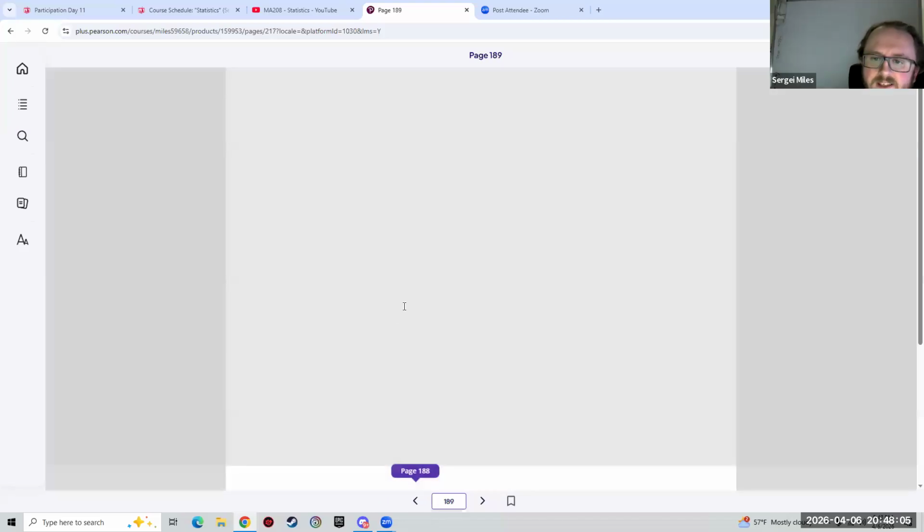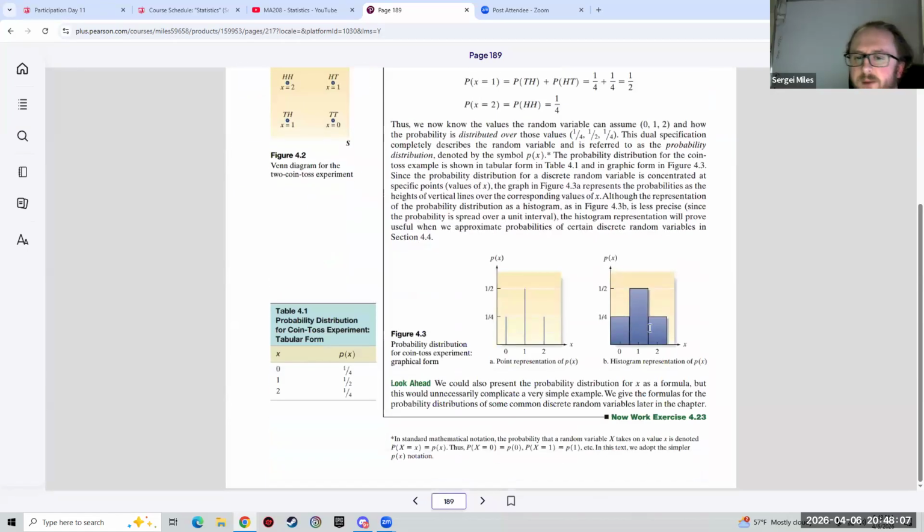Look back on this past page. We have the histogram at the bottom, but also at the bottom left of this page, we have table 4.1, where each value of x is listed, and then each probability assigned to each x is also listed. This table is also a probability distribution, right? The histogram also represents the probability distribution.